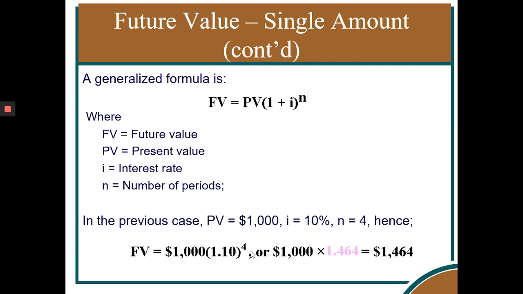Class, remember in this time value of money you have two options: you can use your calculator or the formula, or you can use the table to calculate as well. So 1,000 times 1.464 equals 1,464, exactly the same answer that you calculated earlier.